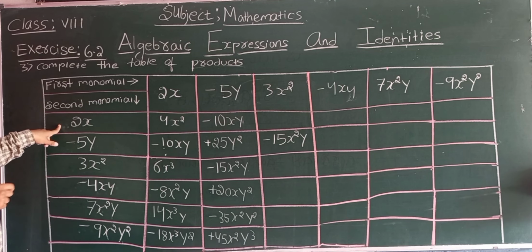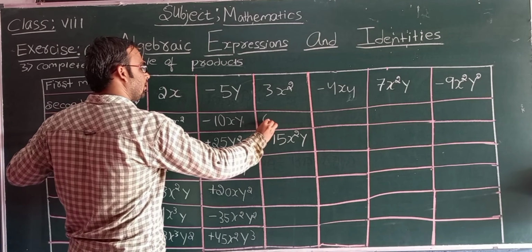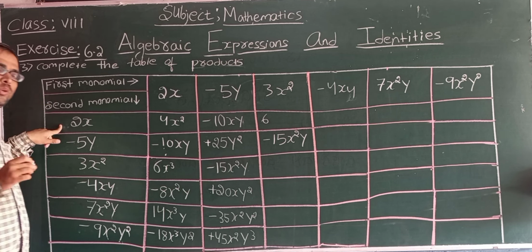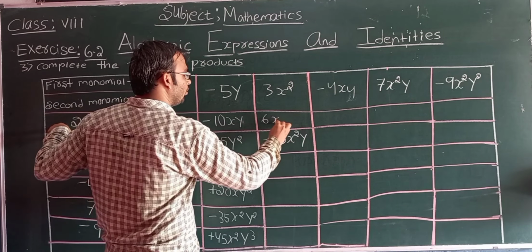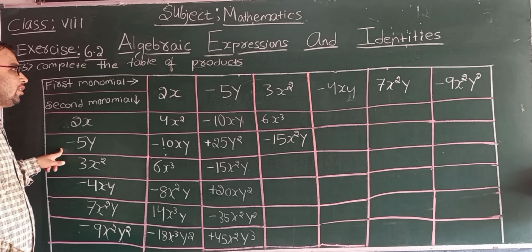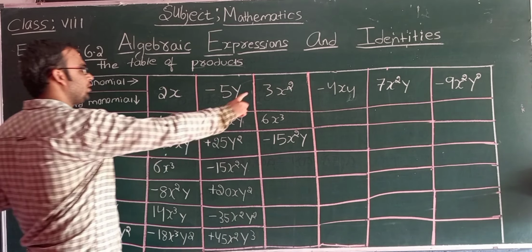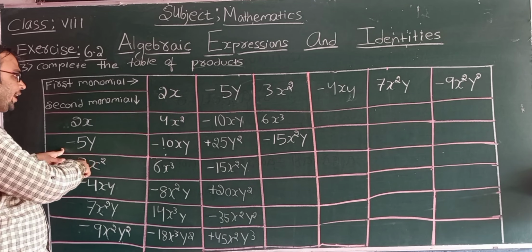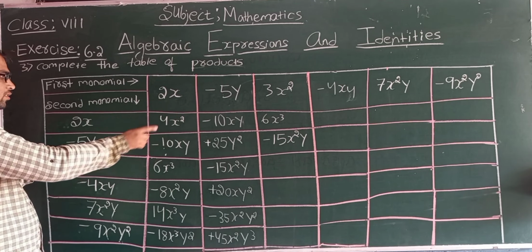Okay, so don't worry. Now 3 2s are 6, and here x is there, x square is there. So x into x square will be x cube. Okay, and now they have given second term, that is minus into plus will be minus. So 5 3s are 15, x square is there, so x square, and here y is there, so y.